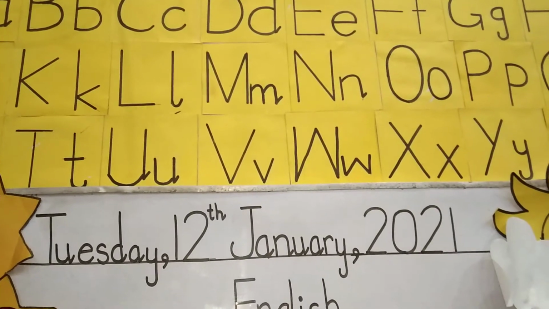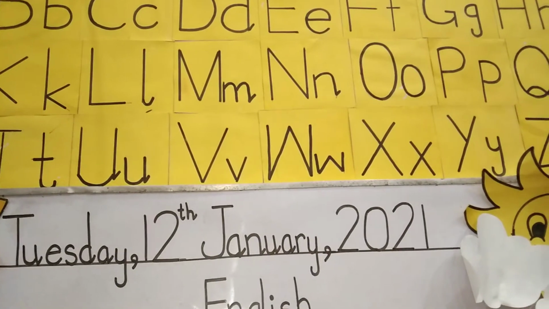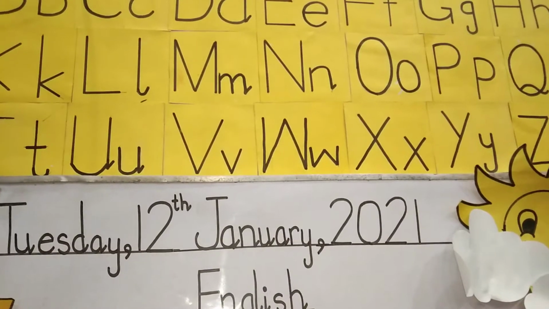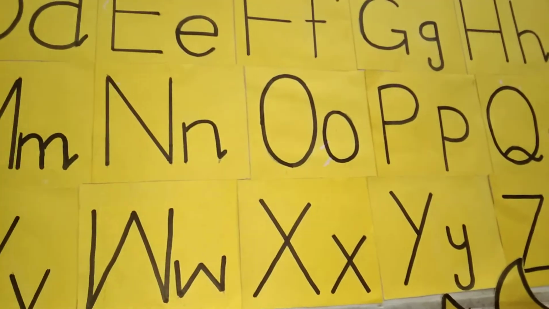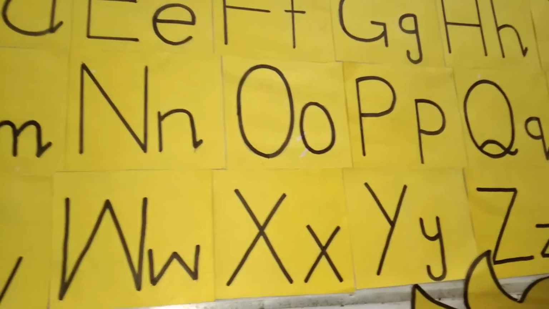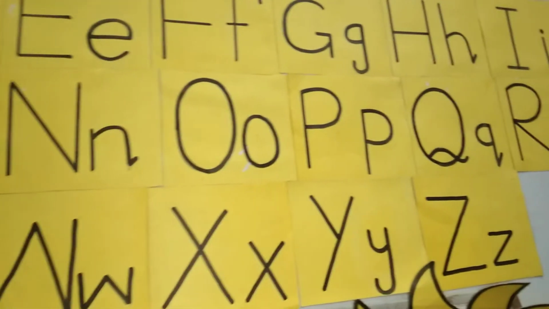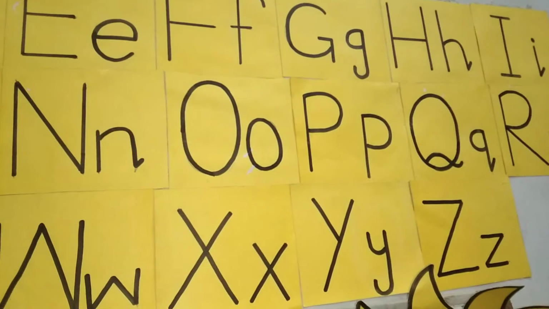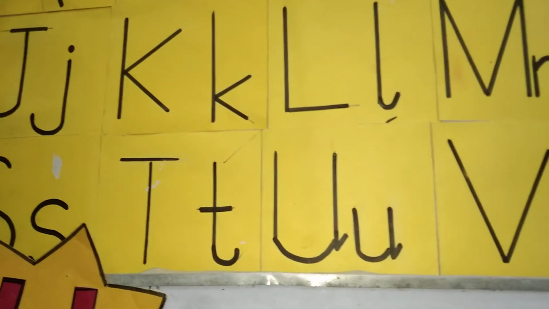M is for monkey, monkey. N is for nose, nose. O is for octopus, octopus. P is for pear, pear. Q is for question, question. R is for rain, rain. S is for sun, sun.